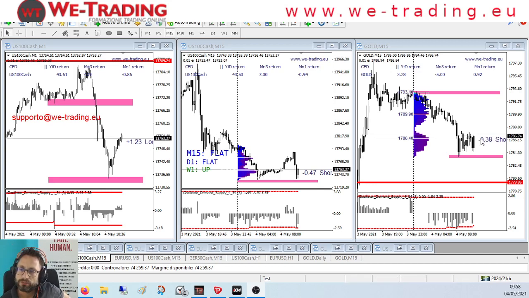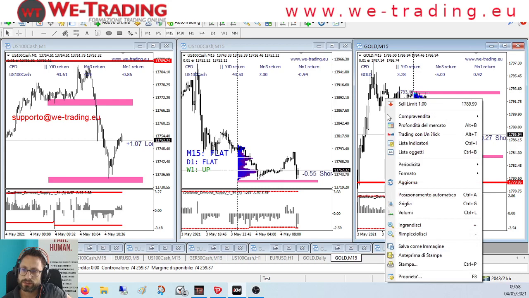Okay. For example, on gold, I see prices are at the top and in a blank area on tick distribution, and now maybe it can stay in short again.